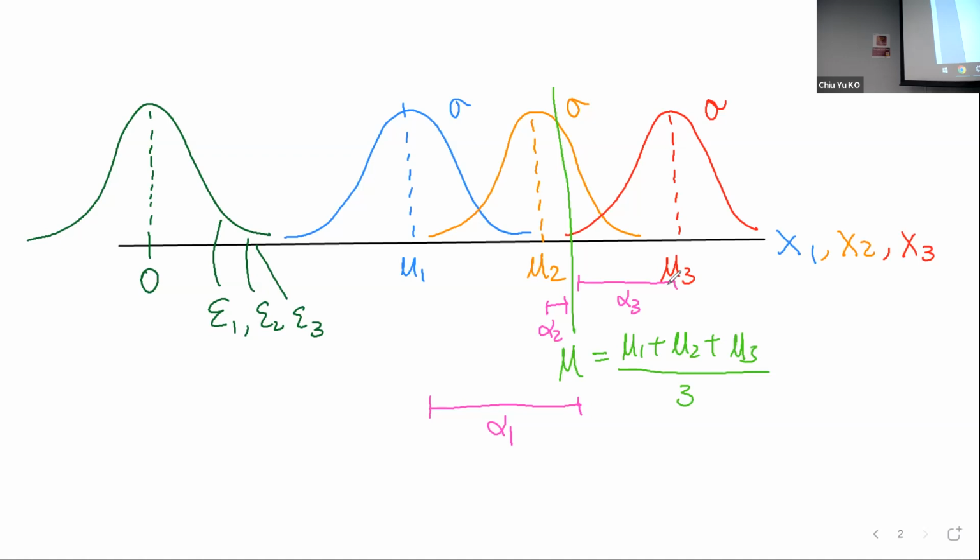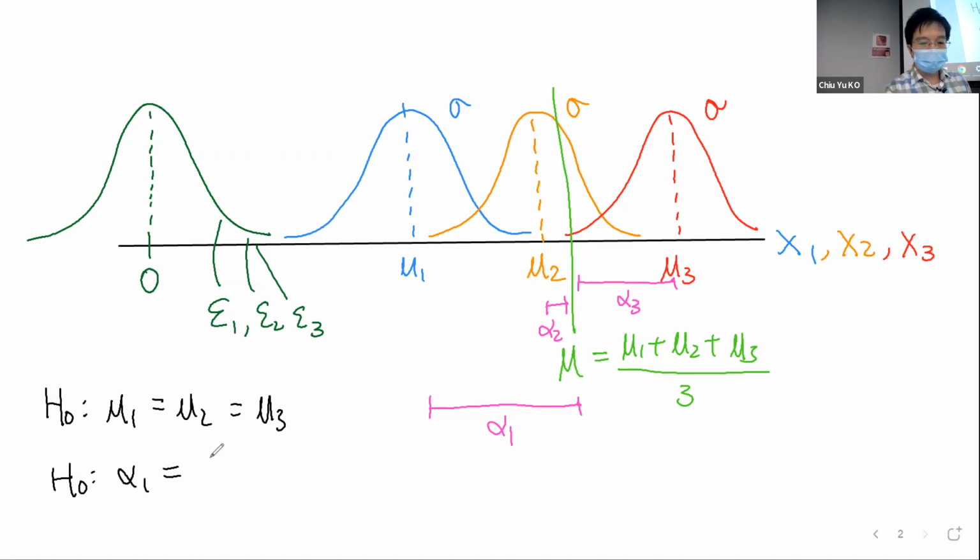Let me write down here. The main idea is the null is mu1 equals mu2 equals mu3. Does the grouping make a difference? This is the same as asking whether alpha 1 equals alpha 2 equals alpha 3 equals 0.